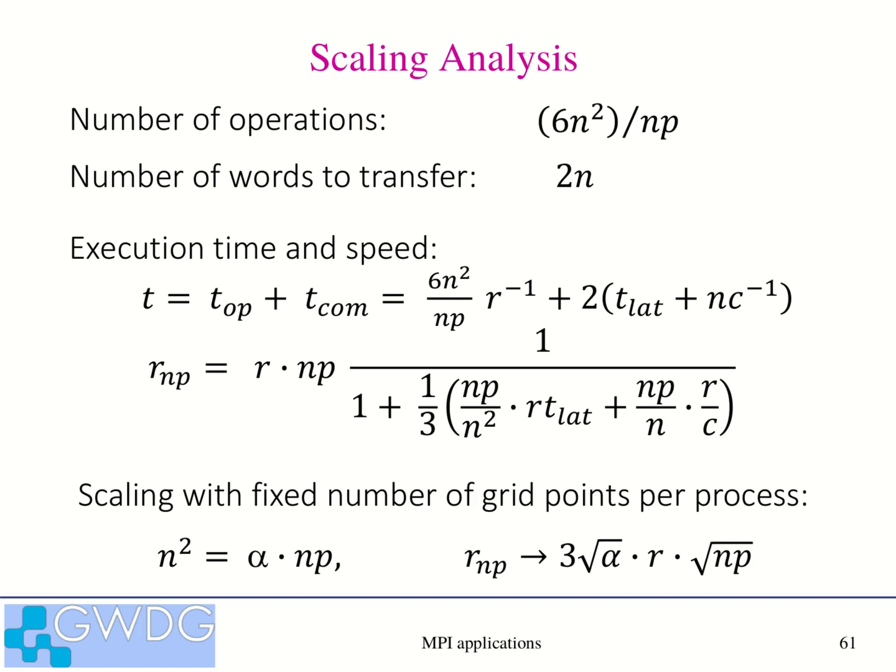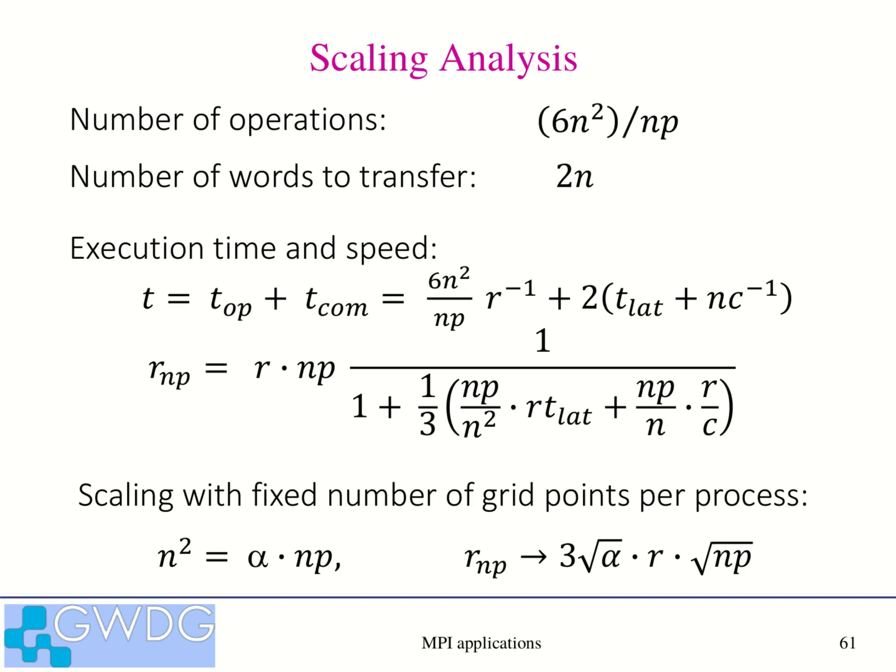If I increase NP more and more, and also n square more and more, at constant alpha, the speed will increase as some value times the value on one process times the square root of the number of processes. But that's not very comfortable, because the optimal way would be that the speed increases proportional to the number of processes, of course. The more processors I employ, the more speed I can gain.